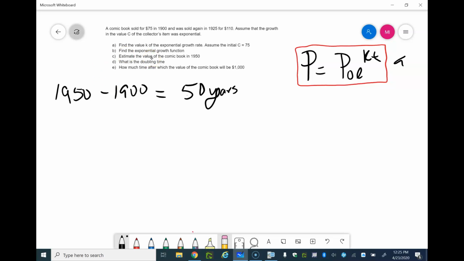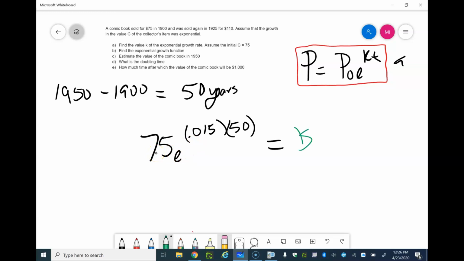So we're going to use the same initial, which is again the 75, because that's what we're starting with. E raised to our 0.015, that was our K, times 50 now. So after 50 years, after plugging into the problem, we should know what the worth of this comic book is going to be.